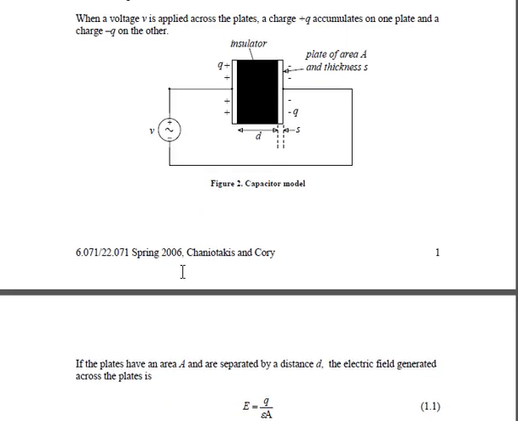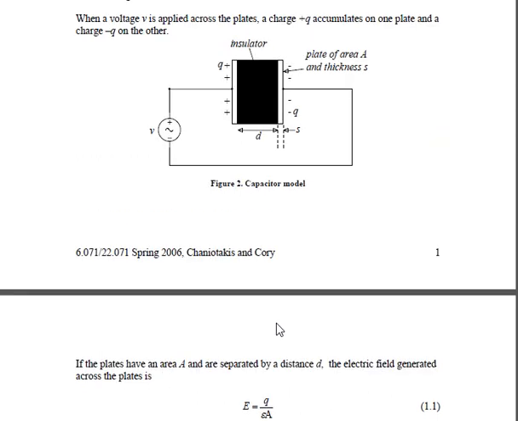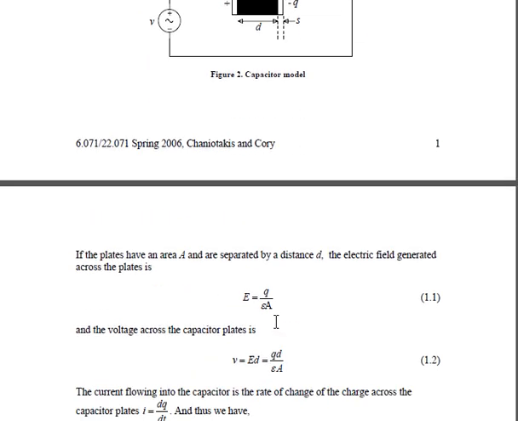So now from our previous subject, we also learned that the voltage across the capacitor is equal to the charge divided by epsilon sub O and the cross-sectional area of the plate of the capacitor that is being used.